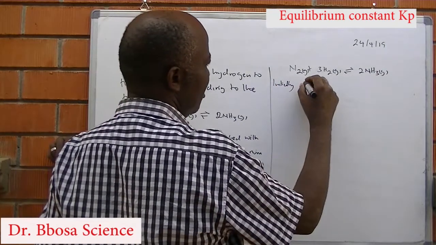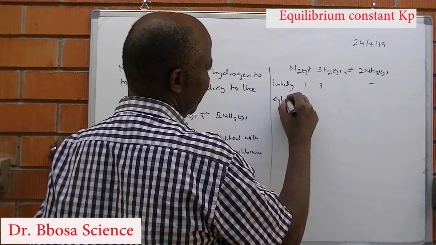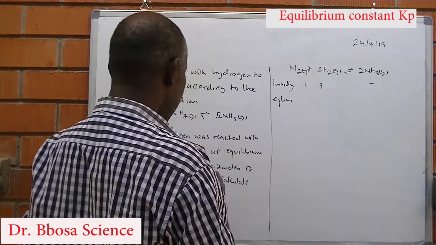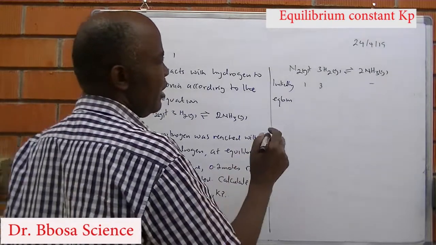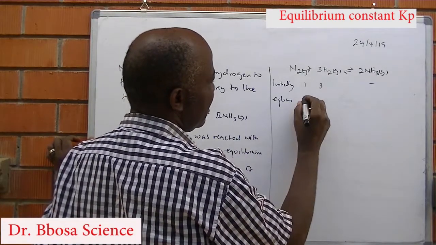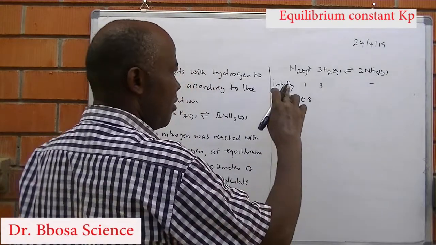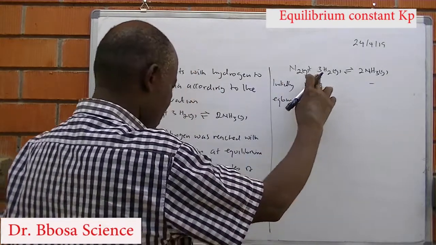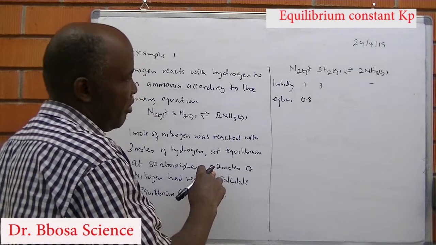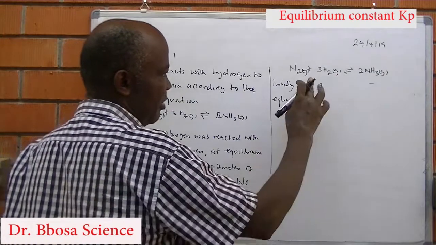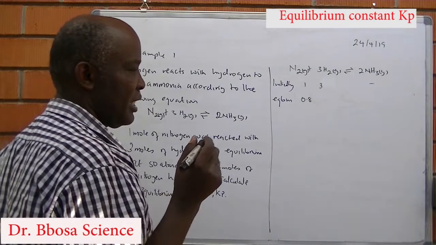You say that initially we have 1 mole, 3 moles, and then at equilibrium. They have told us 0.2 moles of nitrogen had reacted. When 0.2 moles react, you remain with 0.8 moles. But 1 mole reacts with 3 moles. 0.2 moles of nitrogen will react with 0.2 times 3 moles of hydrogen, which is 0.6.